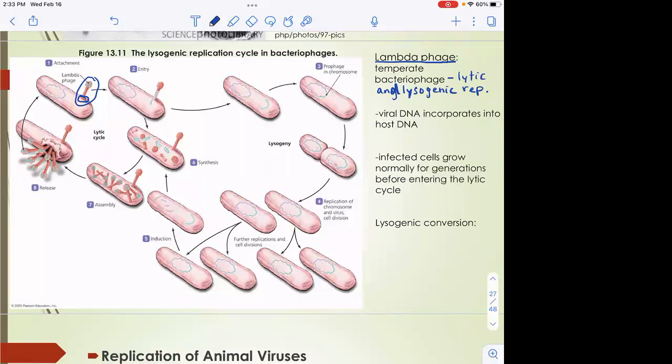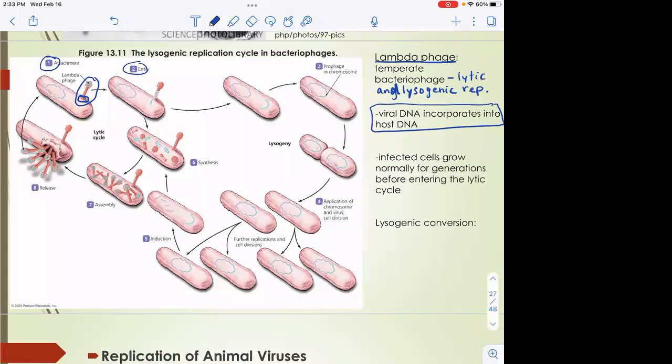So a virulent phage can only do lytic replication, and a temperate one can do both lytic and lysogenic. What's different, the attachment is the same, entry is the same, but then the viral DNA is going to incorporate into the host DNA.